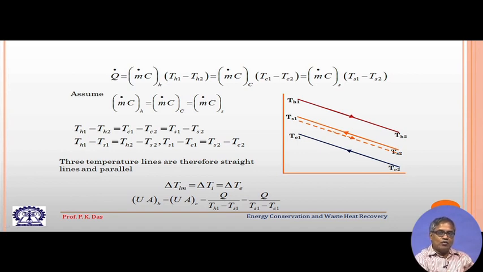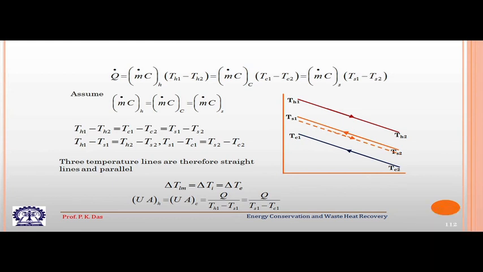In other cases we have done this 1 and 2 based on inlet and outlet. Here we are trying to do based on the temperature value. High temperature value is subscript 1, and low temperature value is subscript 2.